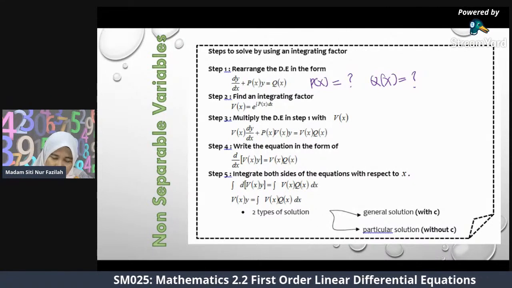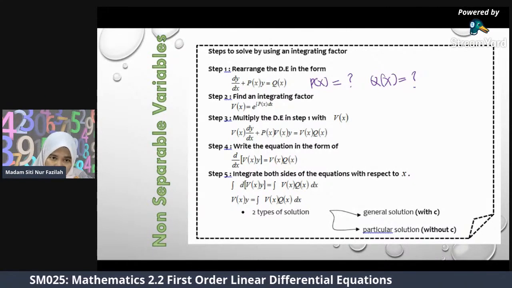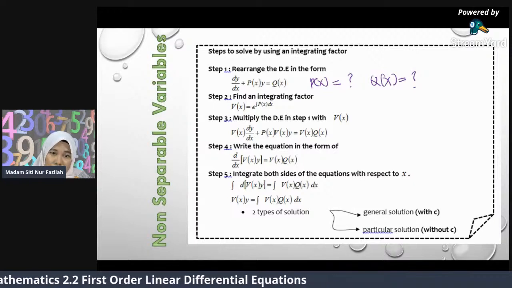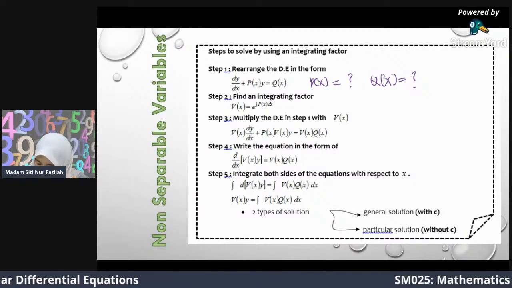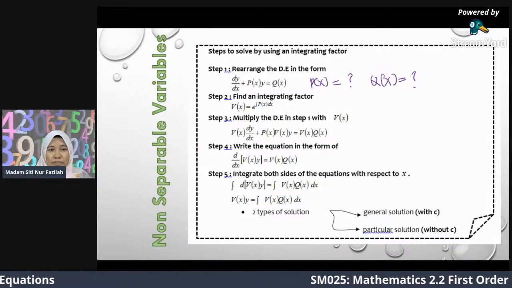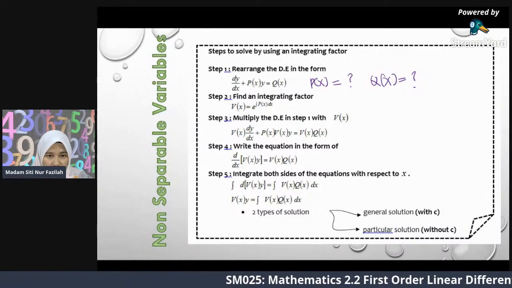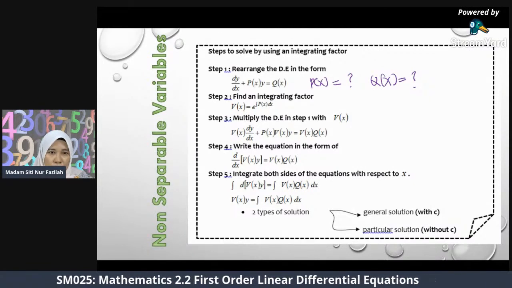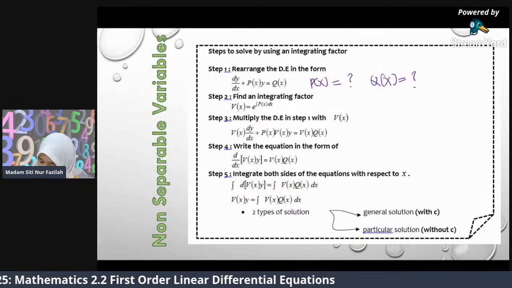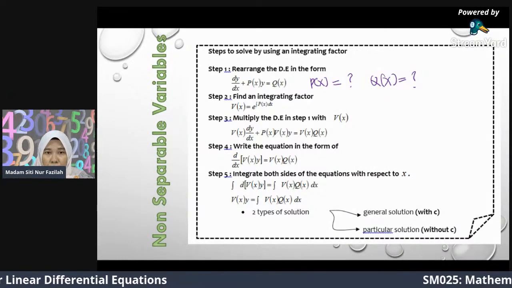And then for step 4, write the equation in the form d over dx of V(x)y equal to V(x) Q(x), function V(x) multiplied with function Q(x).